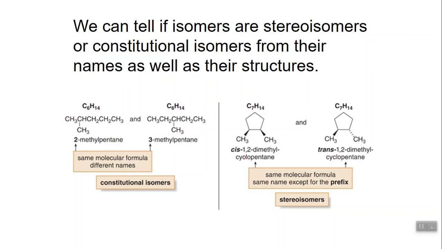As I pointed out, you can tell if isomers are stereoisomers or constitutional isomers from their names, and that's usually the easiest way to do it. If any part of the base of the name, the functional group, the substituents, or the number in the front is different, then you have constitutional isomers. However, if the whole name is the same, except for that little adjective in the front, cis or trans, then you have stereoisomers.